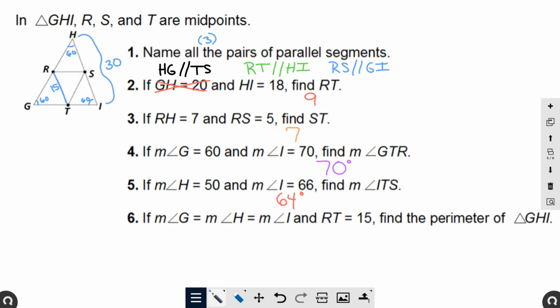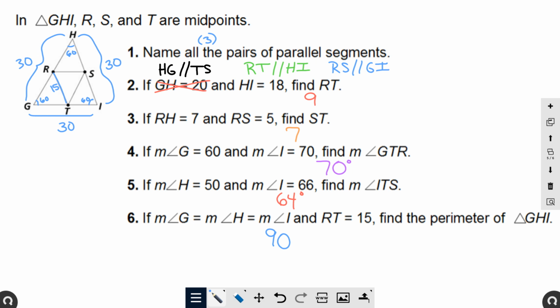This side is 30, which means that all the sides are how much? 30. So this one says find the perimeter. How do we find perimeter? Add them all up, and it wants the perimeter of GHI. So if that part's 30, this part's 30, and this part's 30, 30, 30, 30 makes 90.